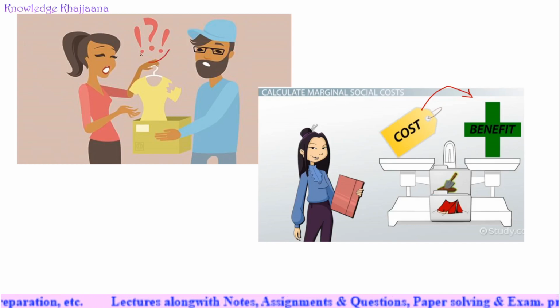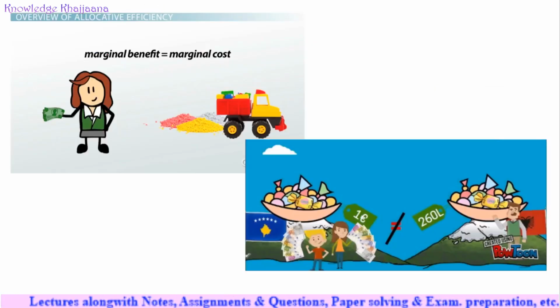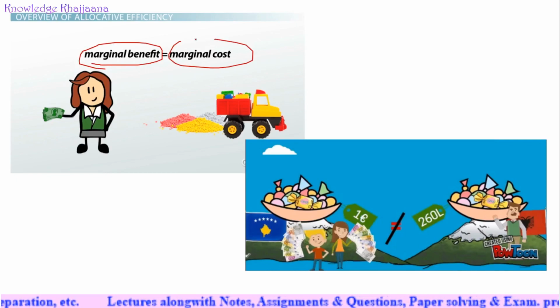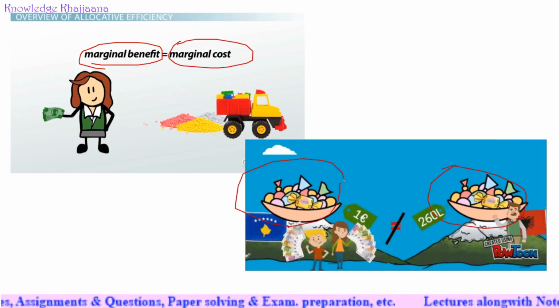You start to think, should I buy this additional unit at this price? You start to think whether you are getting the marginal benefit by spending that marginal cost, that is, how much additional benefit you are going to get by spending that additional cost.